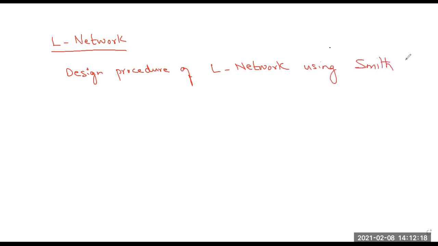Today we will design the same L matching network, but using a graphical tool that we have already covered in this course, the Smith chart. So today our goal is the design procedure of the L network using the Smith chart.